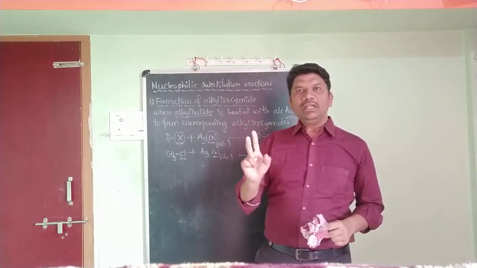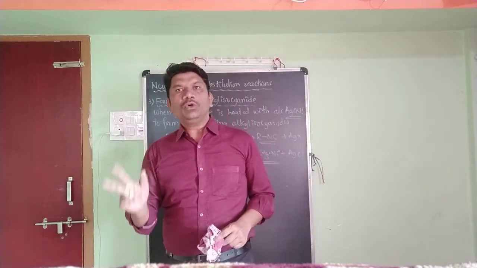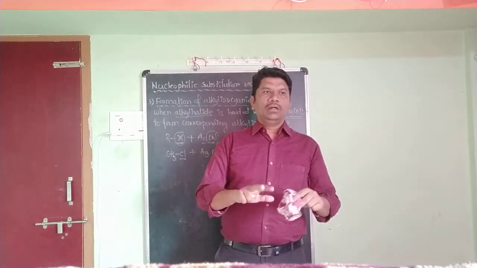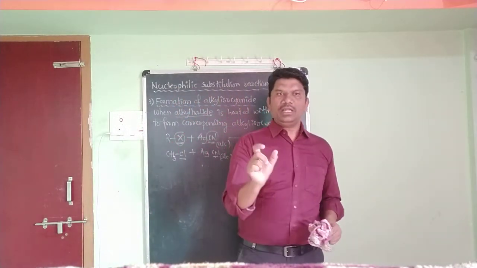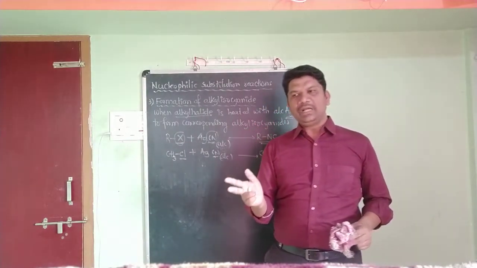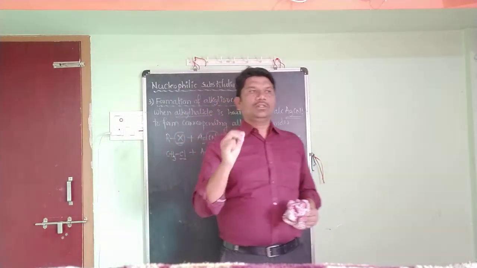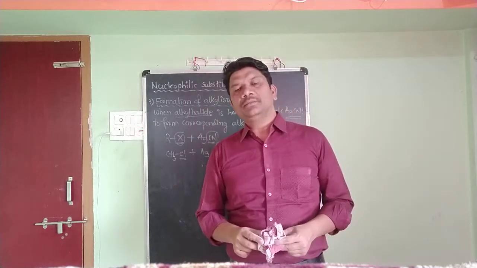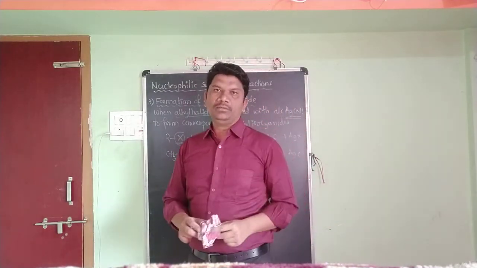A nucleophile containing two donor atoms. Nucleophile containing two donor atoms means both are donating a pair of electrons. In CN, both carbon and nitrogen are donor atoms. Here what happens? In the case of potassium cyanide, carbon acts as the donor atom.